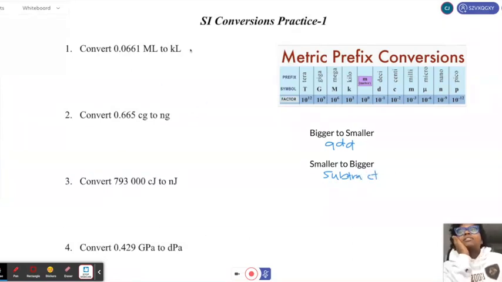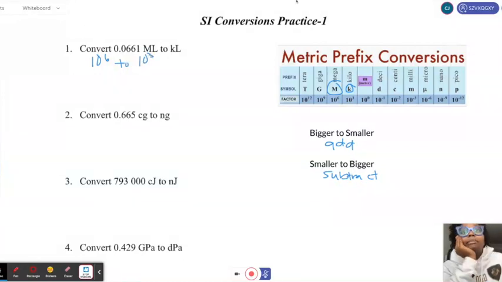Our very first problem, and these questions are from your homework folder on Schoology. Convert 0.0661 megaliters to kiloliters. Mega has a conversion factor of 10 to the 6th, and we're going from 10 to the 6th to 10 to the 3rd.